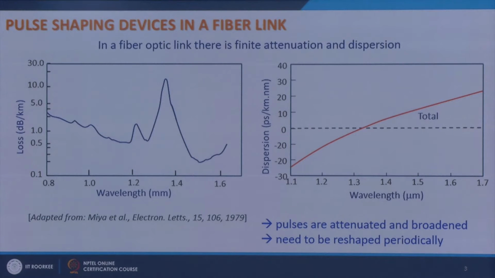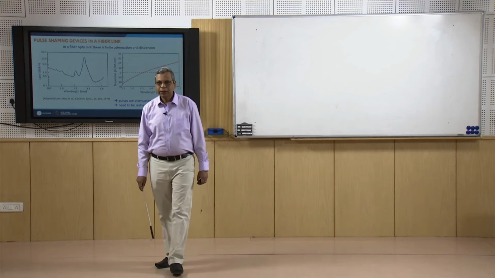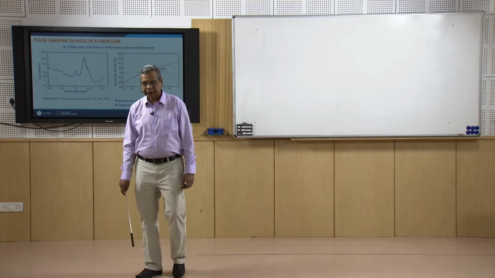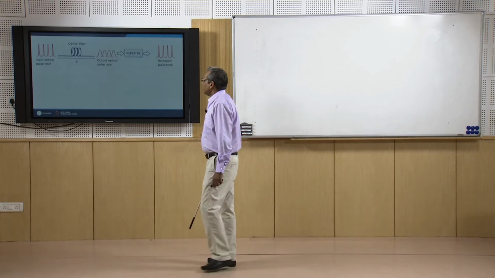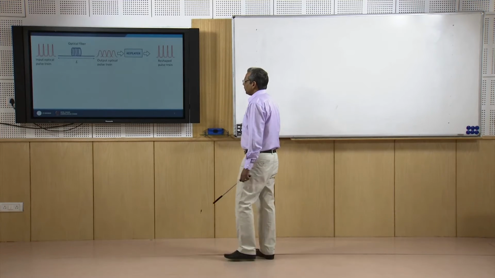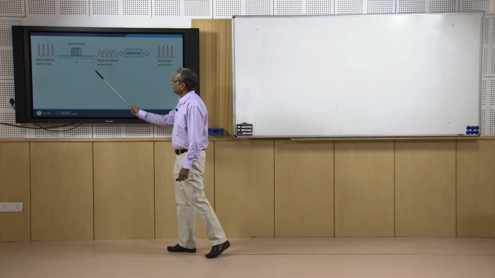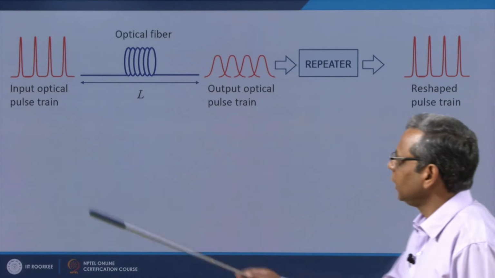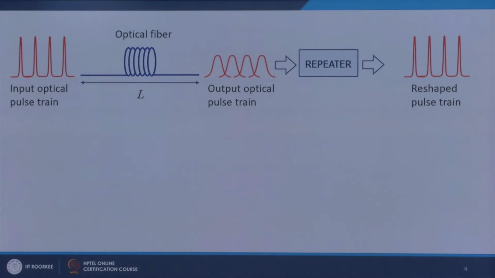When these pulses are attenuated and dispersed, then periodically we need to reshape the pulses. This is how it happens. You have an optical fiber, this is the input optical pulse train, and the pulses get attenuated and broadened.